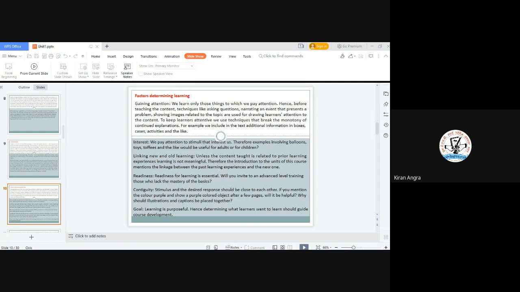So we have to learn how learning can be easily facilitated. Keeping this in view, we are learning what the factors are which impact learning. We have read the approaches. Now, how can you enhance or facilitate learning?